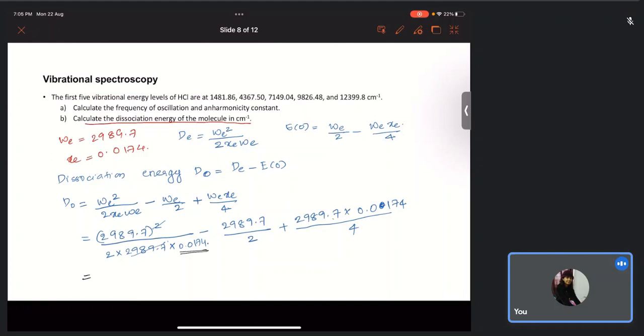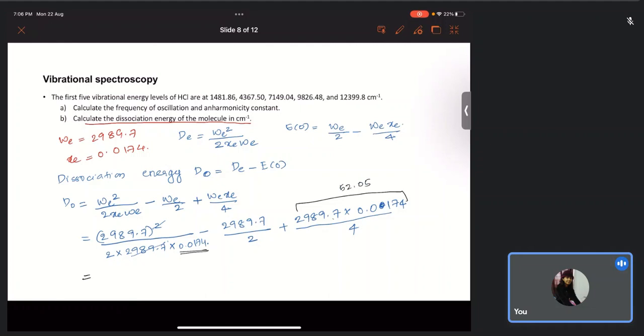So if you divide 2989.7 by 2 into 0.0174, and negate it by 2989 divided by 2, divided by 2, and you have to add it with 52, omega e xe, this one will come to 52.05.